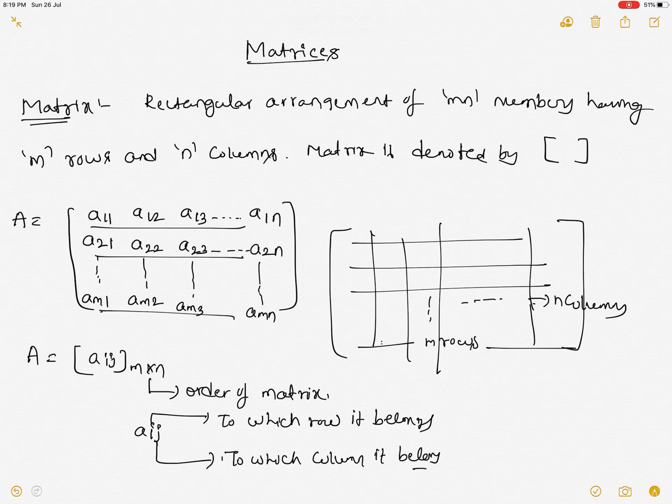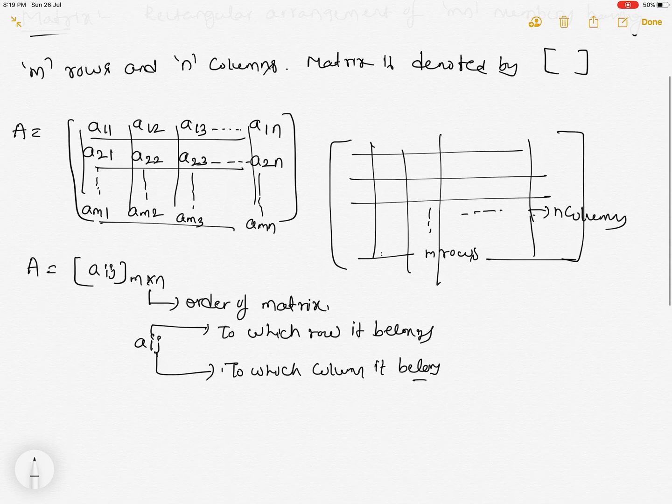Similarly, this is the first column, second column, third column, nth column. Like this, we will have many elements. So our definition of the matrix is over. Here i comma j, where i always lies between 1 to m and j always lies between 1 to n.